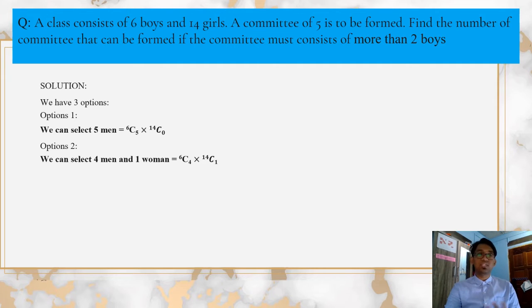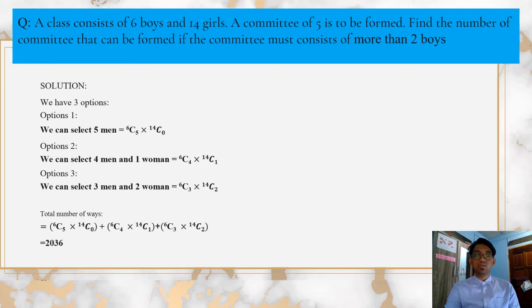And for the last option, we can select 3 men and 2 women, equal to 6C3 times 14C2. Then the total number of ways equals 6C5 times 14C0, plus 6C4 times 14C1, plus 6C3 times 14C2, and we get 2036.